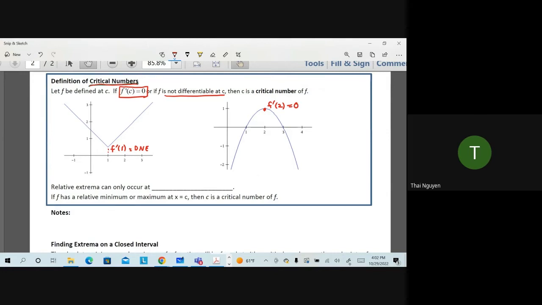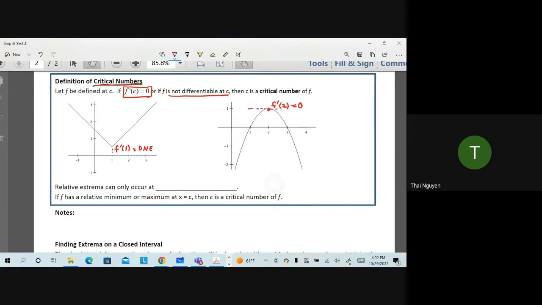And you have f prime of 2 equals 0 on the right figure. Therefore, 1 and 2 are critical numbers of the function from the left and the function from the right. So local extrema can only occur at critical numbers.